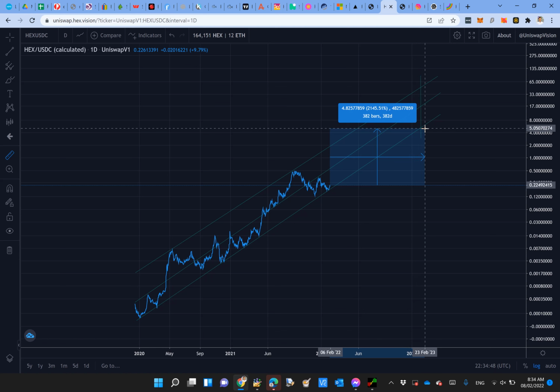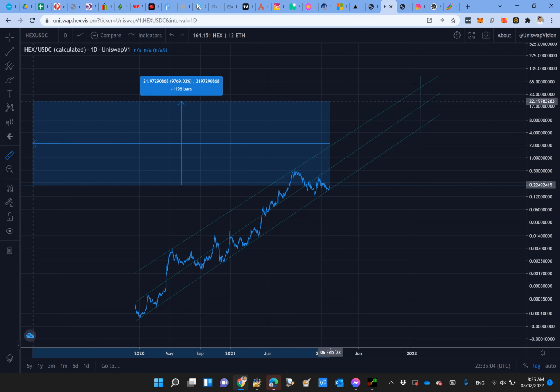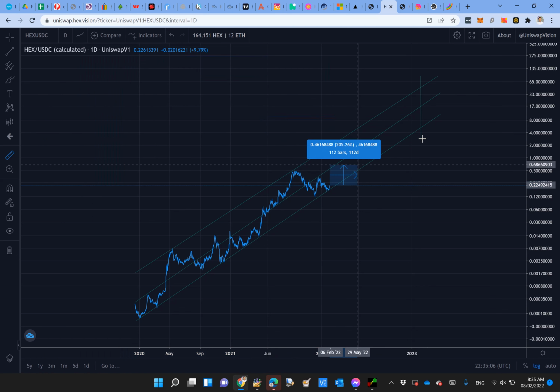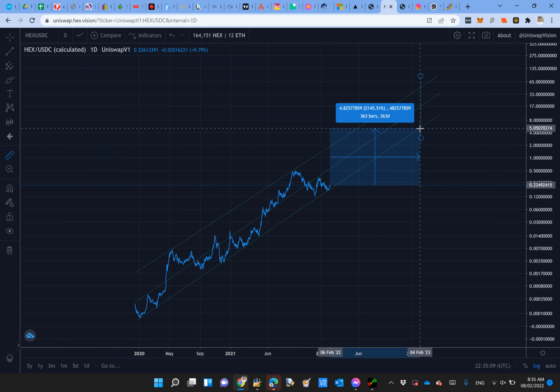Right here, that's about 366 bars, which is basically 366 days. By the way, I've turned this into a line chart instead of a candlestick up here. You can change it to a line chart, so it's nice and clean.